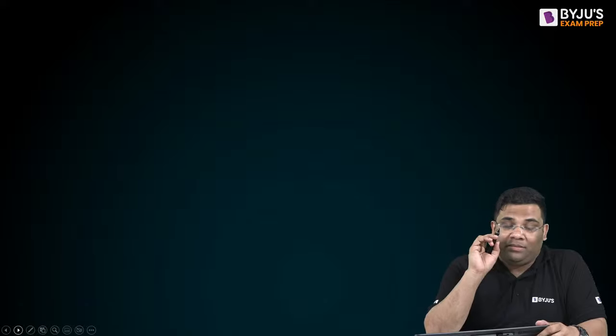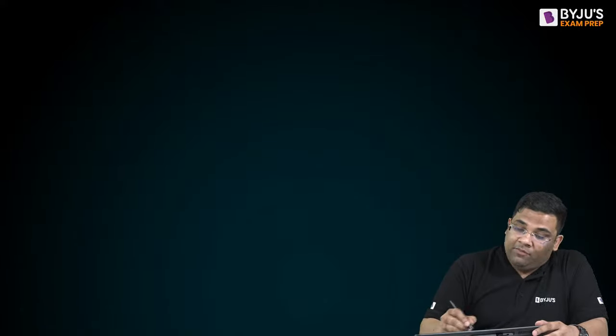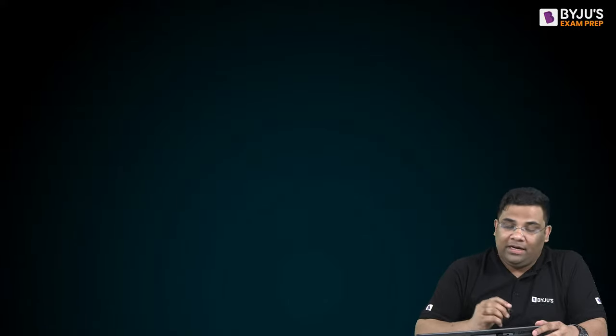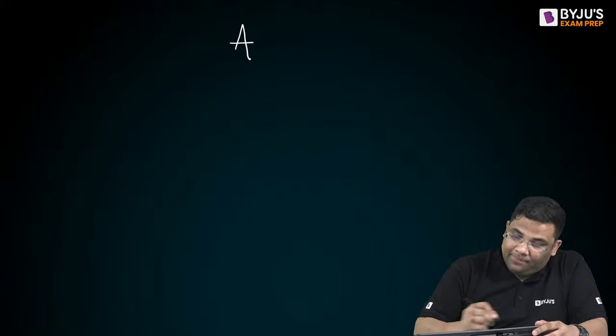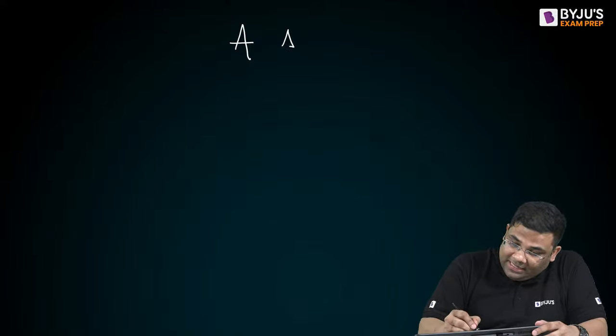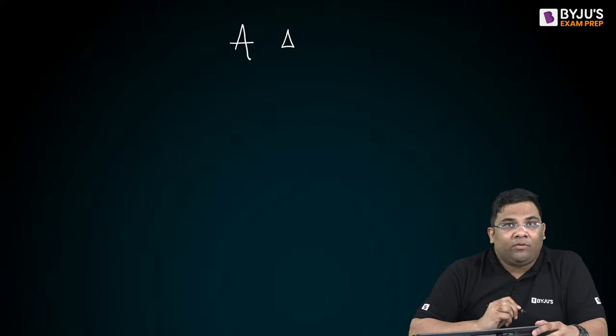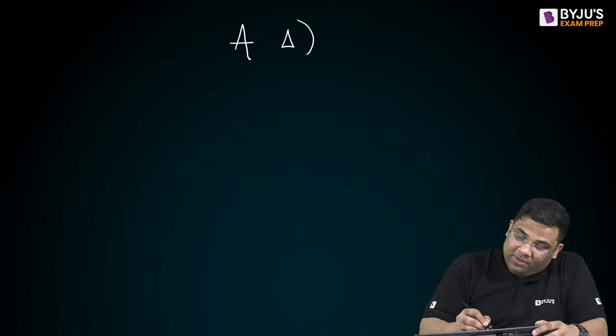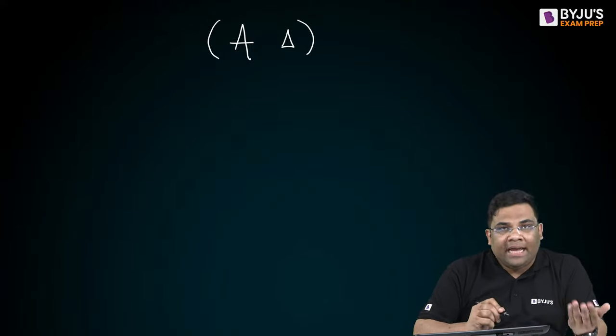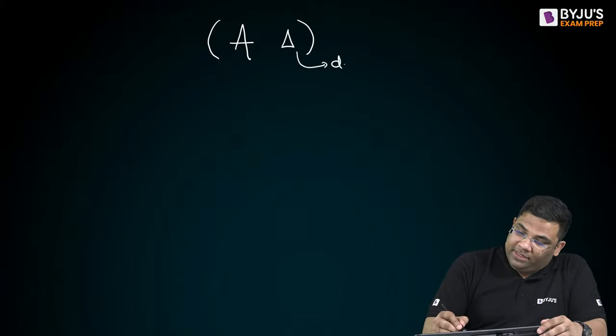The first equation is that whenever you are irrigating a particular field of area A and depth delta, this will be the volume requirement. Area A is the area of irrigation, and delta is the depth of irrigation.